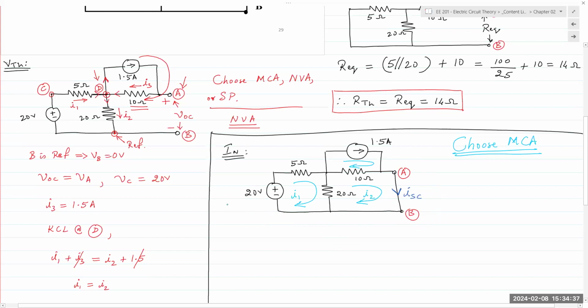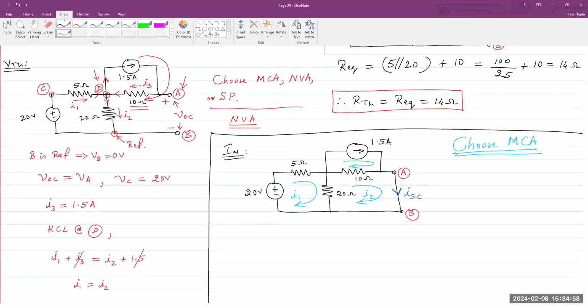So I can see that I3 is the same as the 1.5 amp source. So I can automatically write that I3 is 1.5. So I already have the answer for one of my mesh currents.